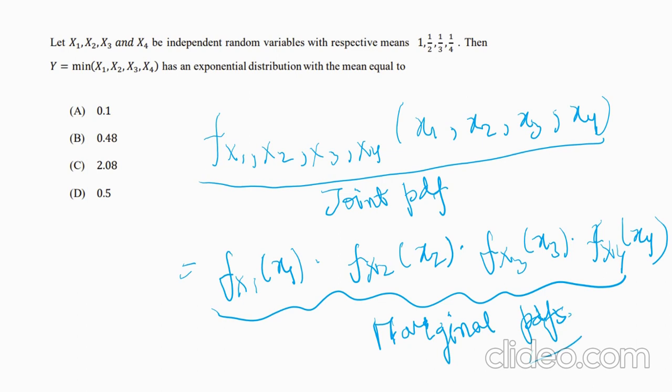Now the respective means are given, and they all follow the exponential distribution.